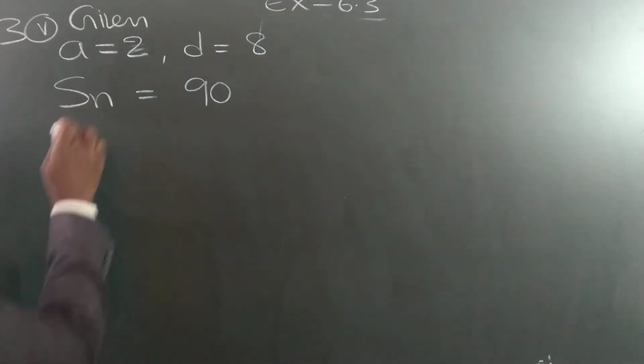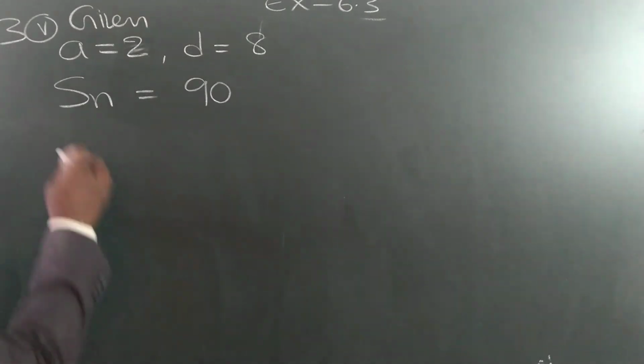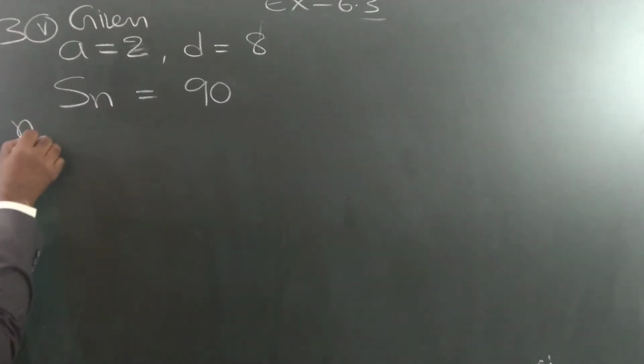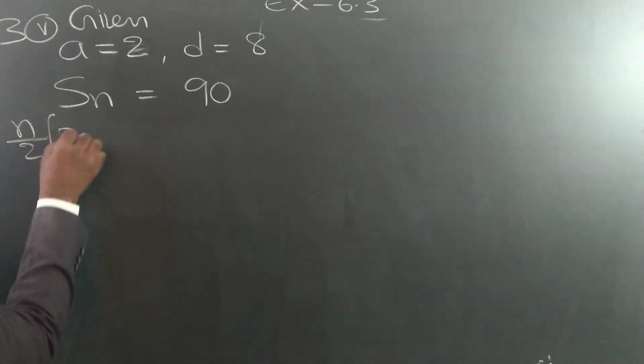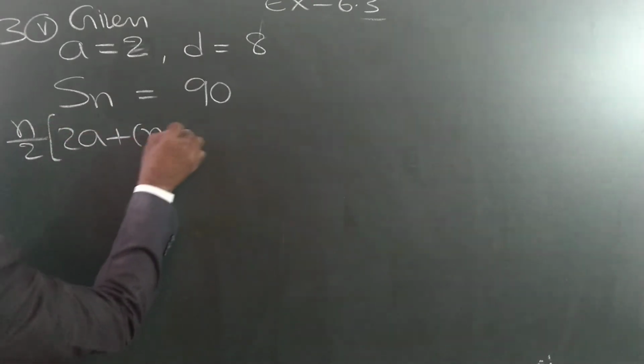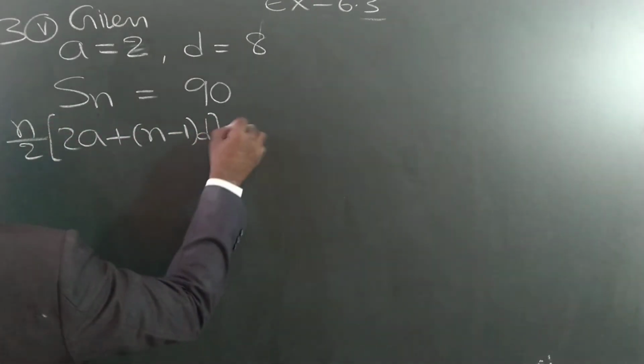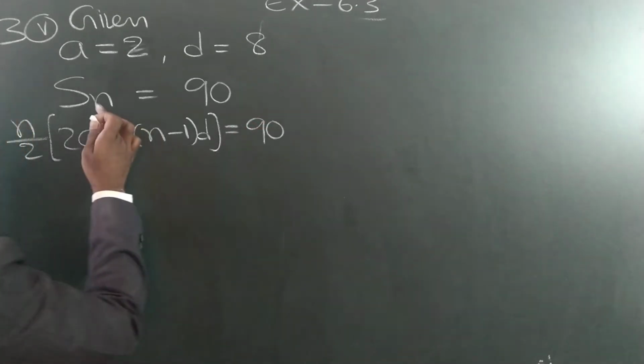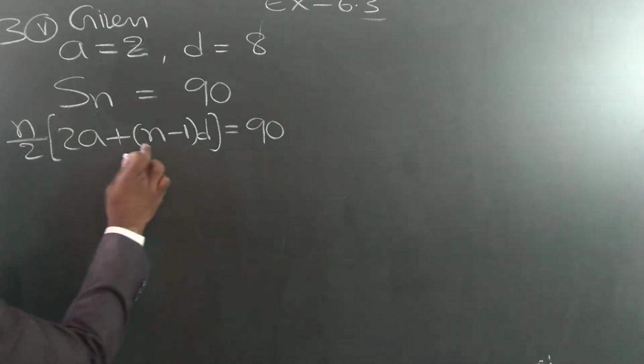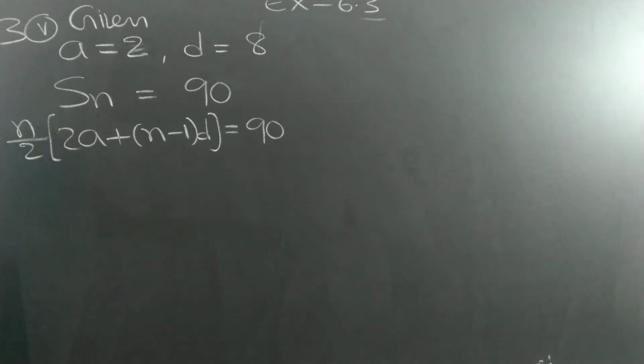Students, what is the formula for Sn? Sn formula: n by 2, 2a plus (n minus 1) into d is equal to 90.